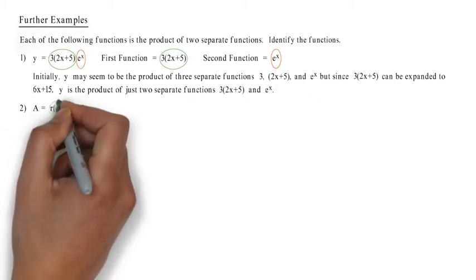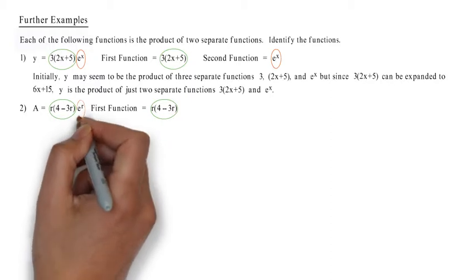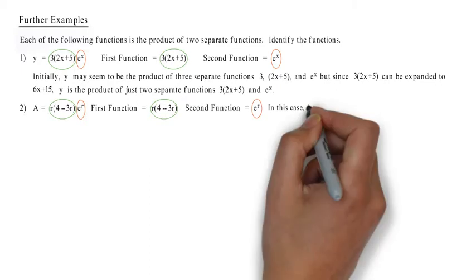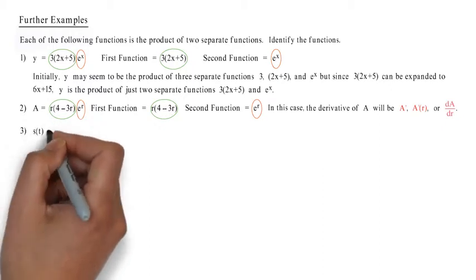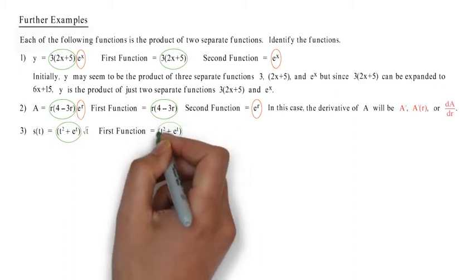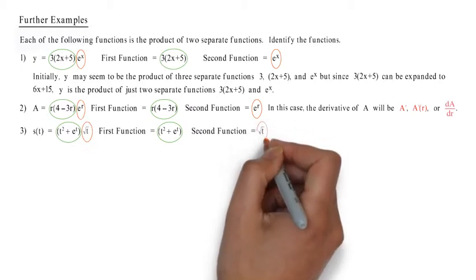2. r into 4 minus 3r is the first function, and e to the r is the second function. In this case, the derivative of A will be A dash r, or dA dr. 3. t squared plus e to the t is the first function, and root t is the second function.